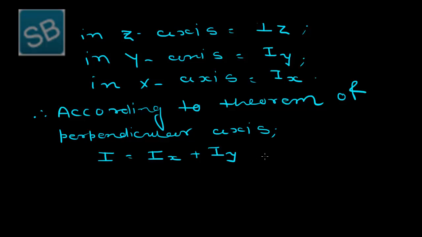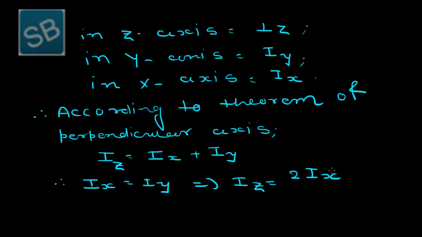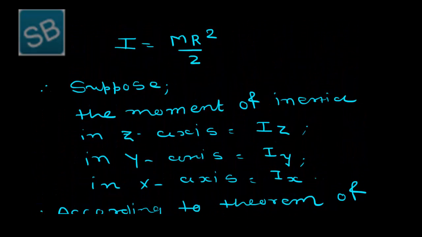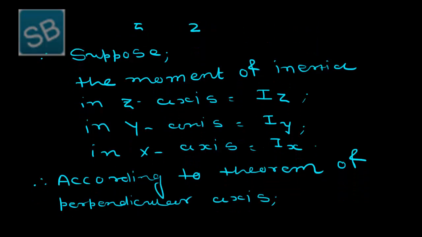Here the disc is symmetric about x and y because it has uniform density. Therefore, Ix is equal to Iy, and hence the value of Iz is equal to twice Ix. But we have determined in equation number 1 that Iz is equal to mr square by 2.